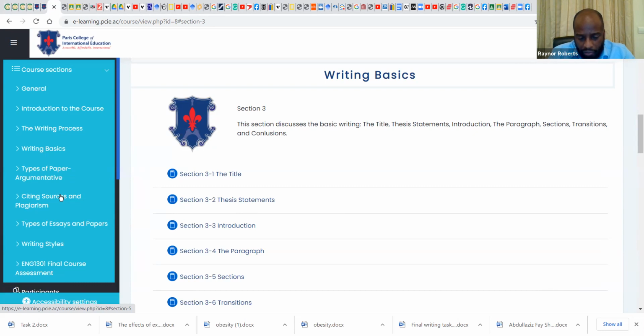Obviously, if you made a quote, it's going to come up as plagiarism. And also, if you're paraphrasing, some of that paraphrase might come up as plagiarism. So that's why most universities say we can give you 20%.